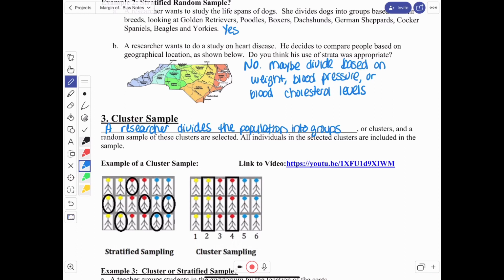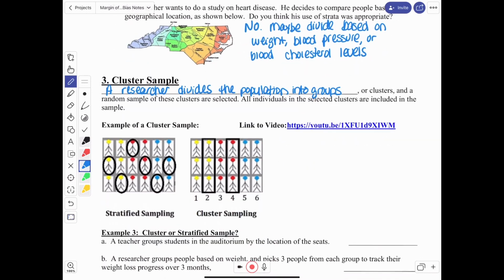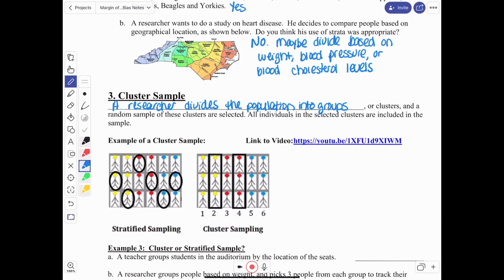All individuals in the selected clusters are included in the sample. So here's the difference between cluster and strata. So cluster would be like, so over here, so I'm looking at this one right here, okay?